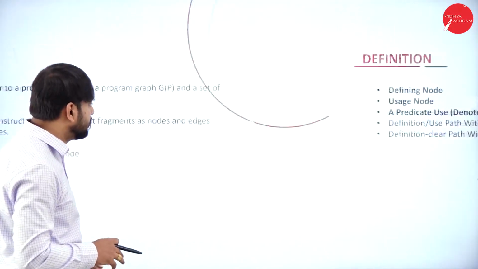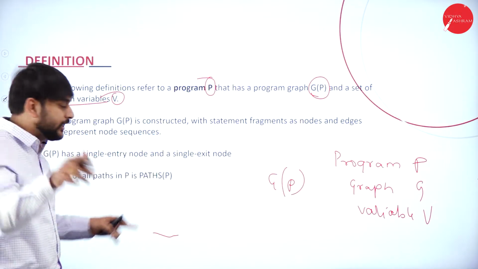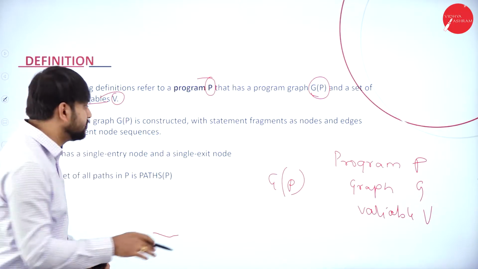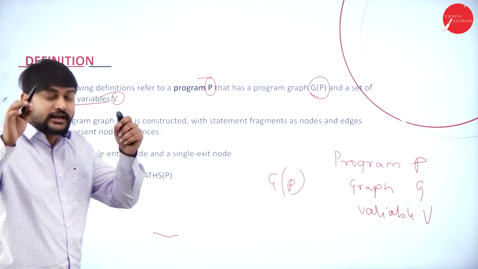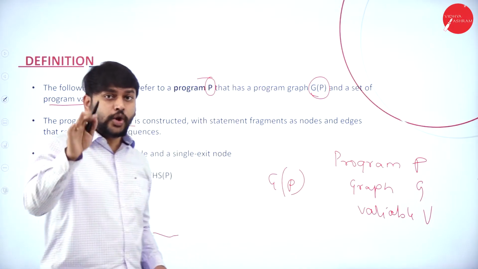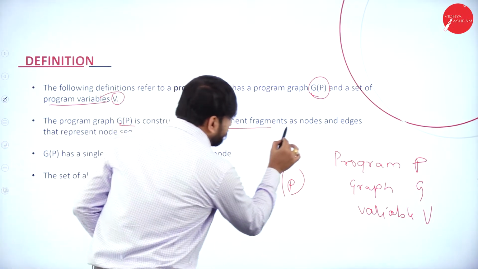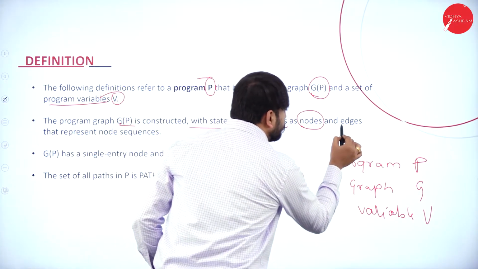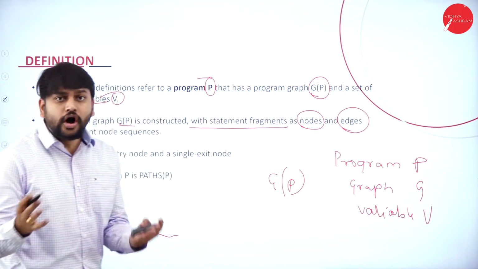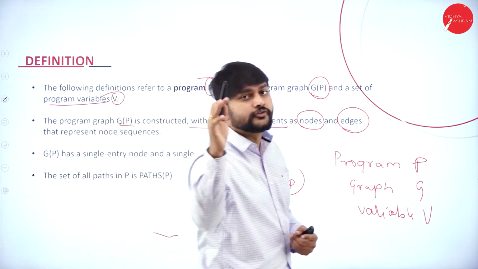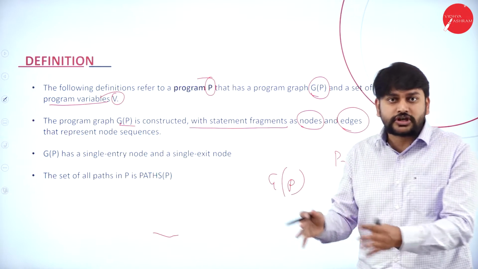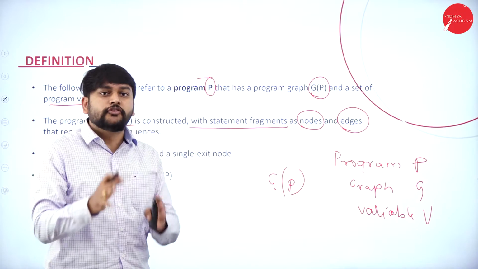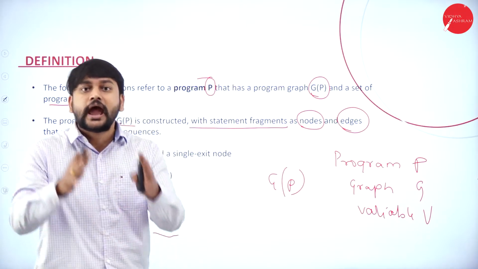Let me come back to the definition. Please observe the program graph. Whatever I say, you should imagine it as G of P. That graph is constructed with the statement fragmentations as, please understand, this is very important, nodes and edges. If you have studied the concept of graphs, you know what nodes and edges are. I am going to construct the graph with the help of nodes and edges.